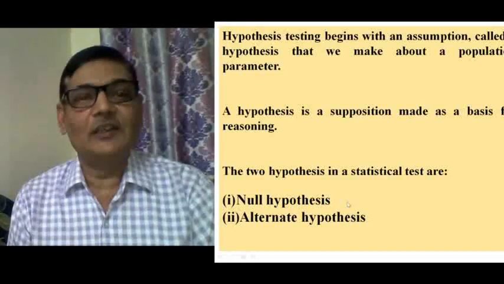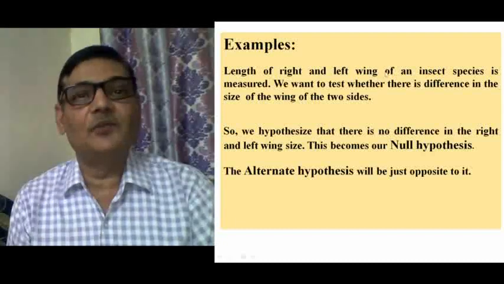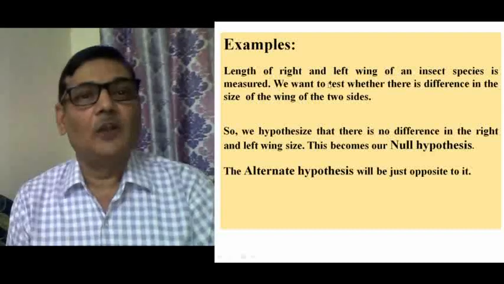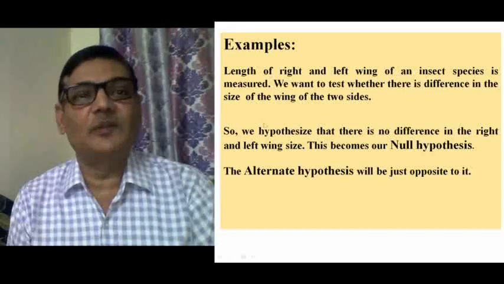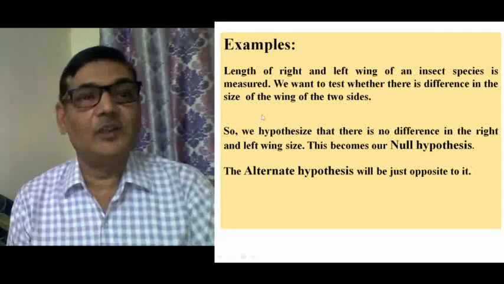You can understand this aspect by going through this example. See, length of right and left wing of an insect species is measured. We want to test whether there is a difference in the size of the wing of the two sides. Please try to understand what is given here: we have a specific insect species. It is a winged insect.